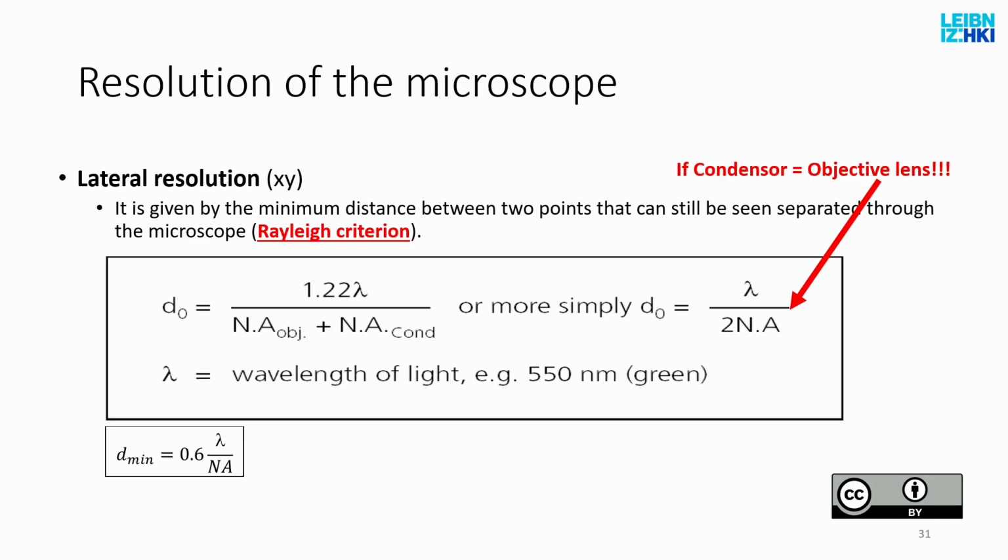So for really high resolution microscopy, when we talk about super resolution, this might come up. You may want to have a microscope where your second lens is just as good as the first one. Problem is, these lenses cost you 15,000, these lenses cost you 800. So if you don't have the budget, you cannot have both of them. So basically what will happen is that the resolution will be determined by how good your objective lens is, and will not depend so much on the quality of the condenser.